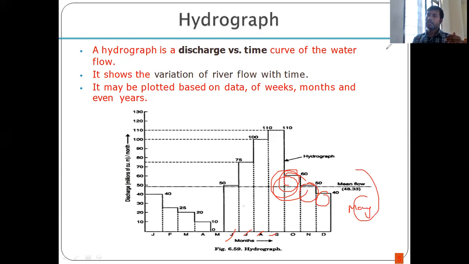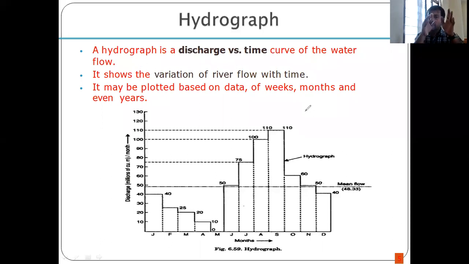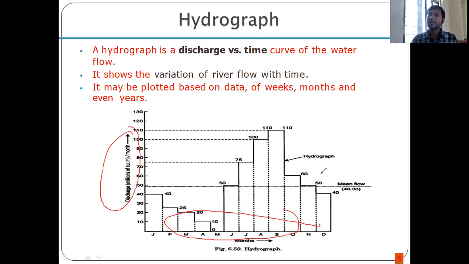So it shows how much water is discharging through the river, or through the hydel power plants: discharge versus time. The time may be 24 hours. You can take this x-axis as 1 day or 24 hours, or 1 month or 30 days; a daily discharge curve, or monthly discharge curve, or yearly.